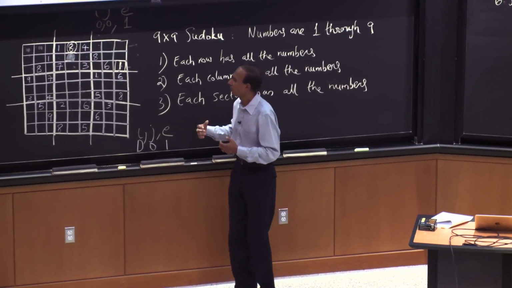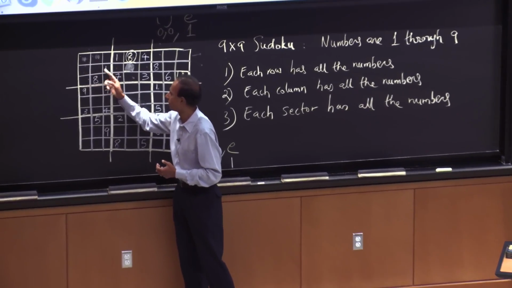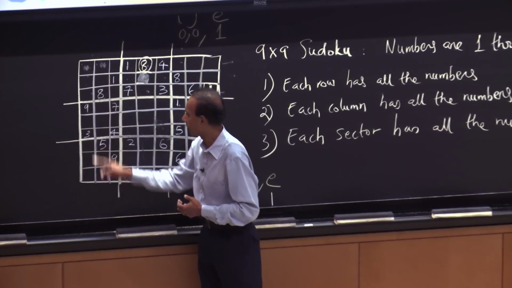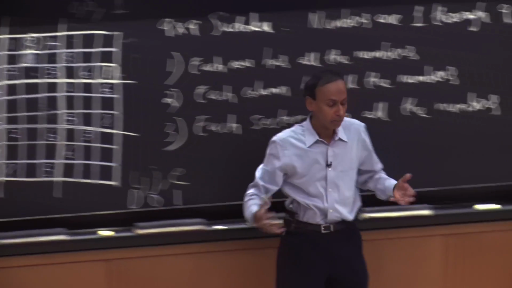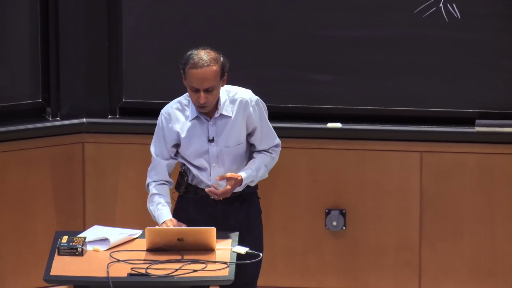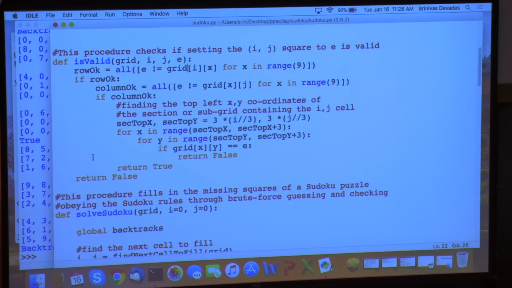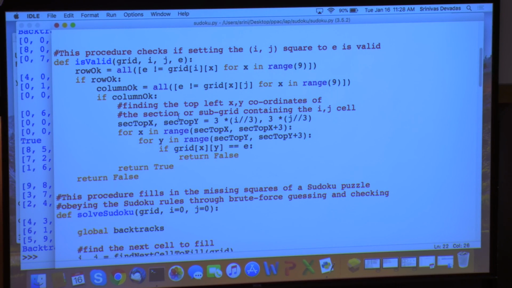Actually, I have a problem with the row, and I would also have a problem with the sector. I wouldn't have a problem with the column, but one of them is bad enough, and so I'm going to get a false back. So row OK is going to be false, and so I'm going to return false out here. All right, that makes sense? So those are the 3 things, and there's really not that much here beyond taking those constraints and codifying them.